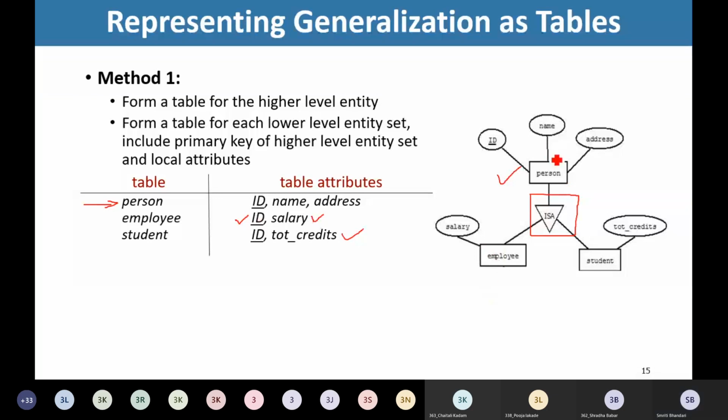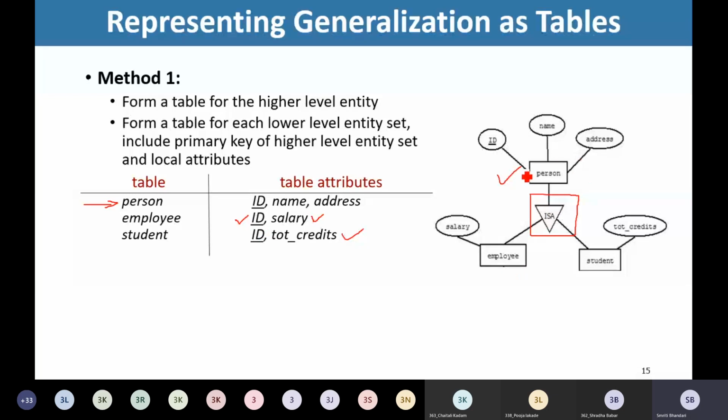Because ultimately I need to relate these two entities, stored in person and employee. Correct? I am not going to store name and address once again with employee here. But if I store the ID of the higher level entity set, it is possible for me to identify who is that person.